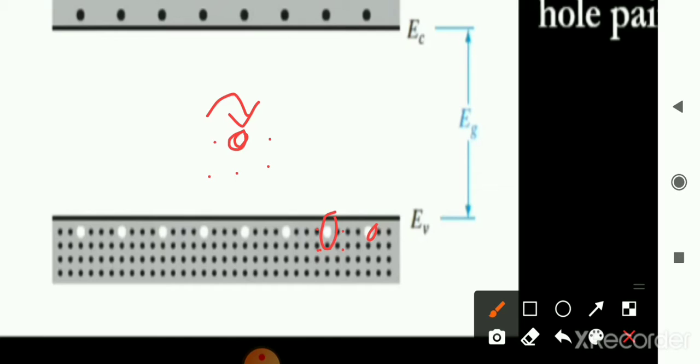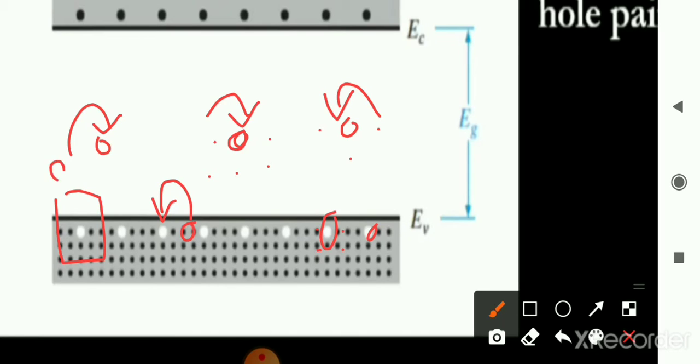Similarly, in another position we have many holes over here. This electron will come and join with this hole. That vacant hole position is occupied by the electron. Similarly, over here also this hole is occupied by the electron. At the same time, here also this electron may come and join here and create a hole over here.